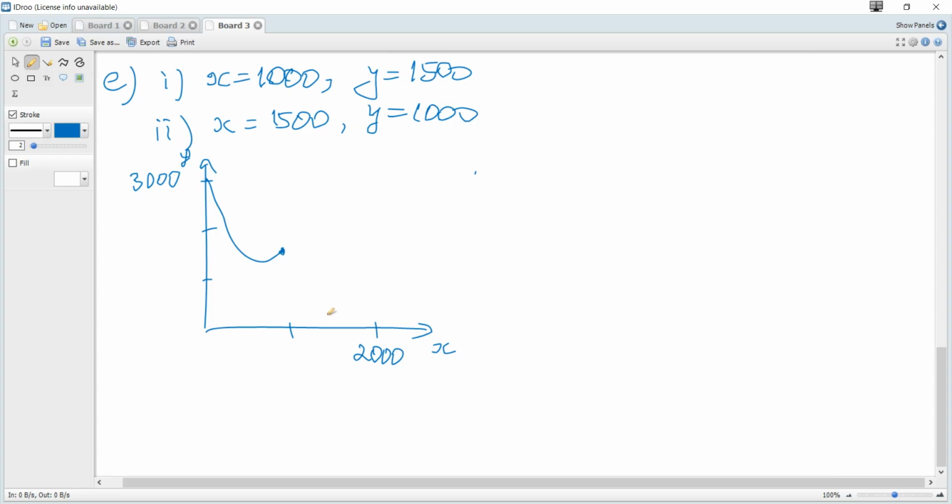And the second is here and looks like this, tends to 2000.